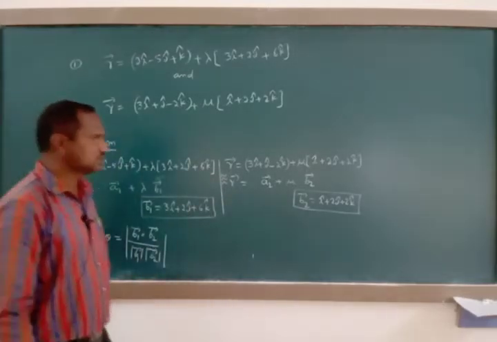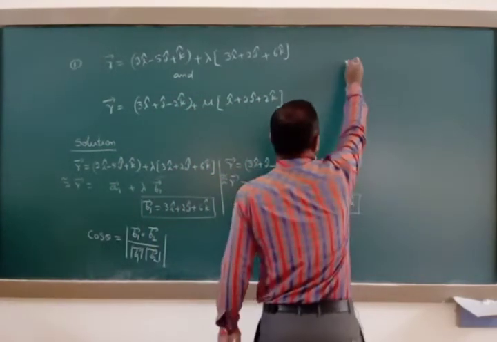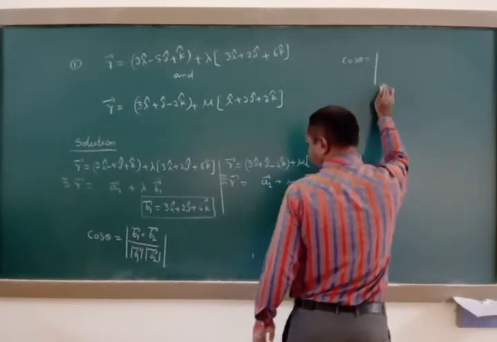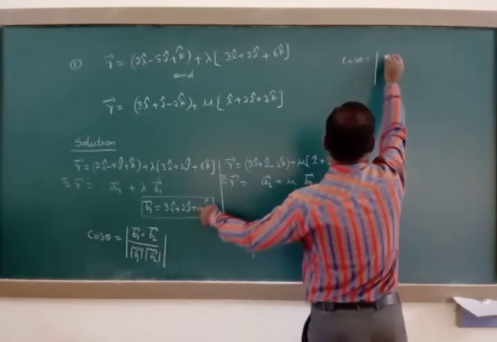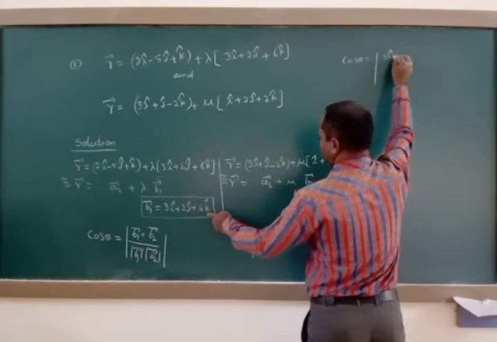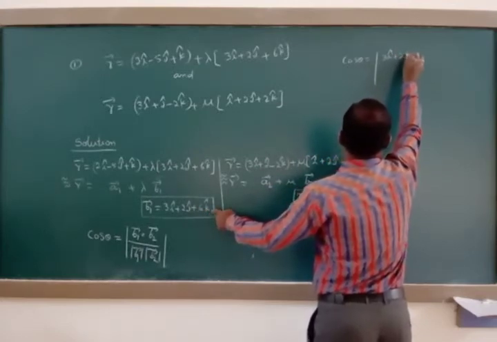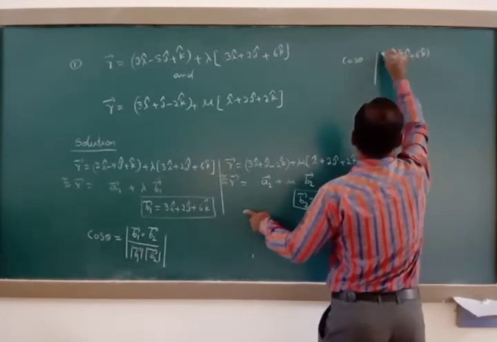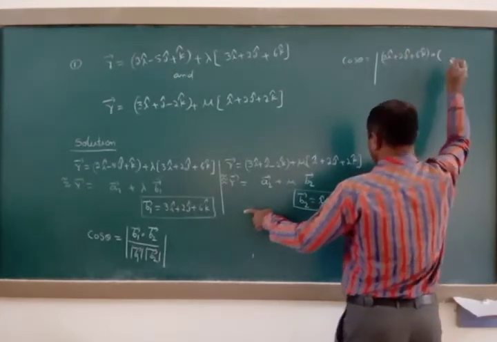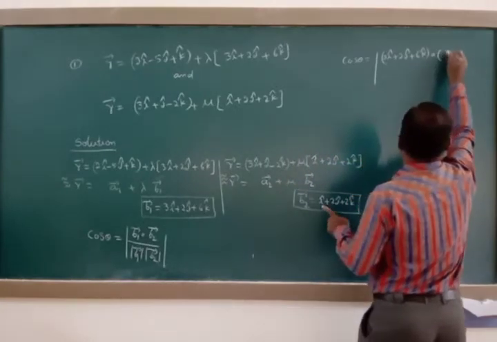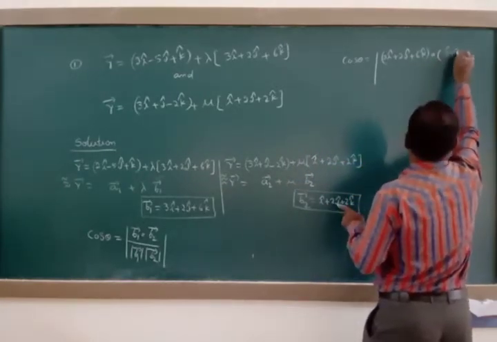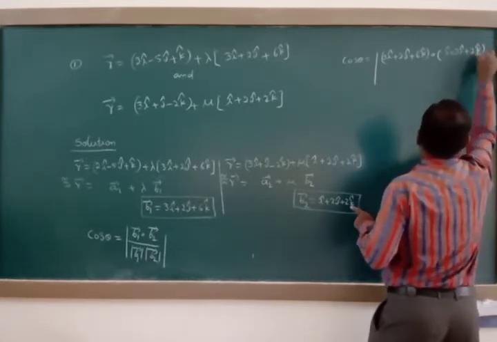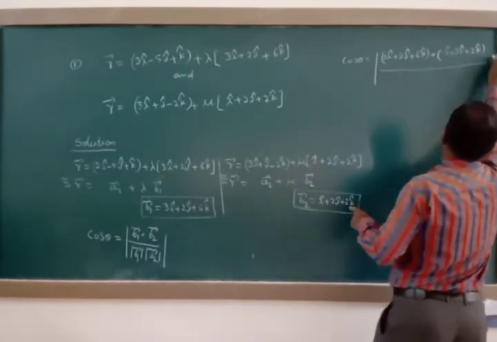That is cos theta equal to modulus of 3i cap plus 2j cap plus 6k cap dot i cap plus 2j cap plus 2k cap, whole divided by its magnitudes.